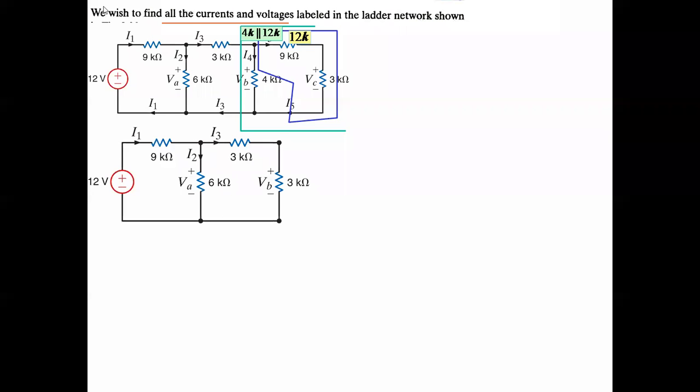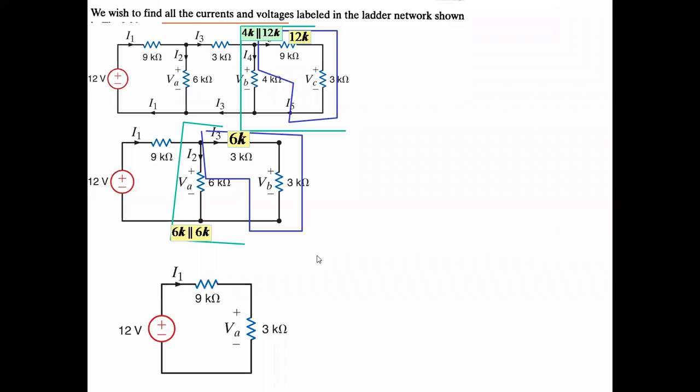This part will remain the same as it is, and this part is going to change. After solving 4k parallel with 12 kilo ohm, the result will be 3 kilo ohm. Then this 3 kilo ohm and 3 kilo ohm are in series, so the equivalent value will be 3 plus 3, which is 6 kilo ohm.